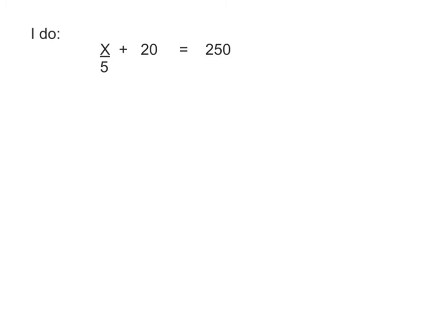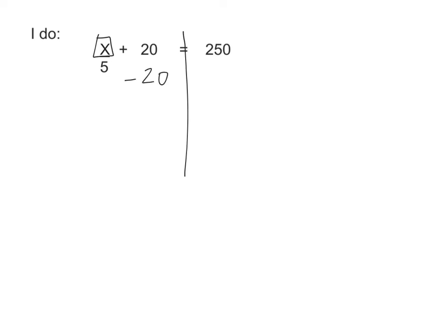Okay, so I have another two-step equation, and I know that it's a two-step because if I ask myself what is happening to the variable, the variable is being divided by 5 and it's being added to 20. So what I need to do is think about opposite order of operations, and that means that I would do addition first. So I see that I'm adding 20. The inverse of adding 20 is to subtract 20.